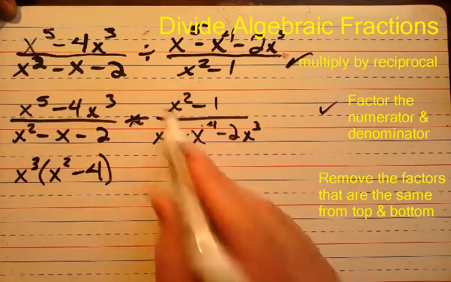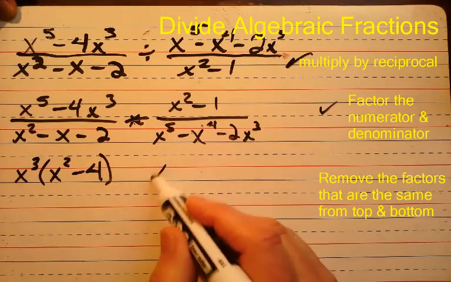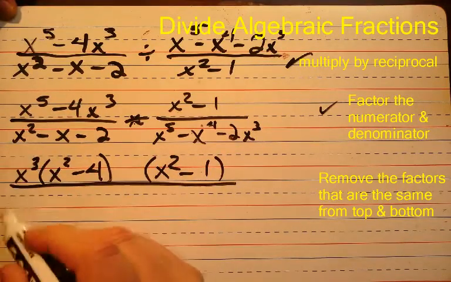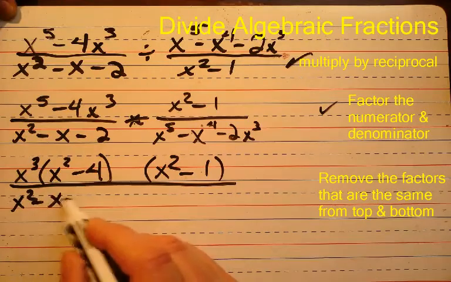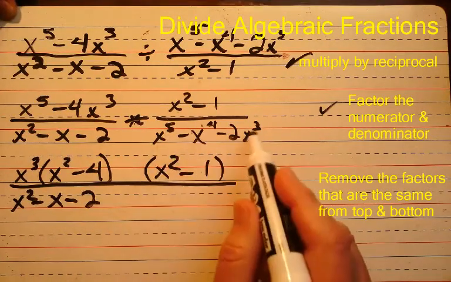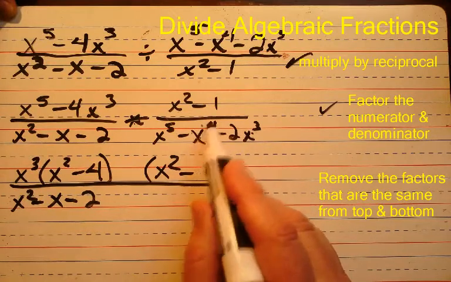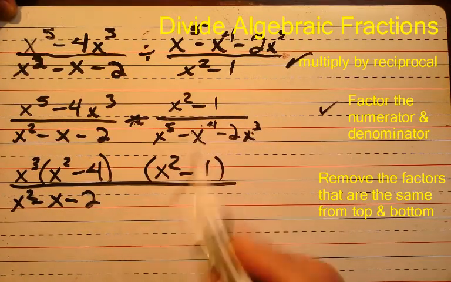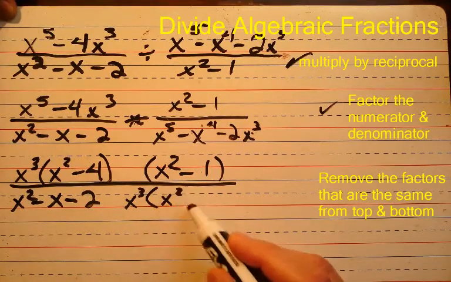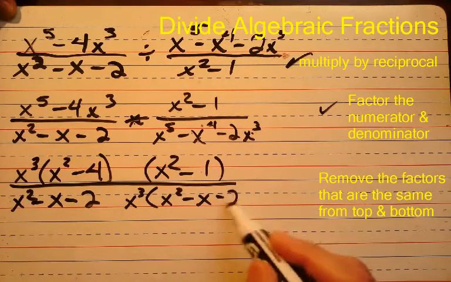And then over here, I've got x squared minus 1. And then on the bottom, I have x squared minus x minus 2. And over here, I've got x cubed. This one has 4 x's, so I can take 3 out of everything there. X squared minus x minus 2.